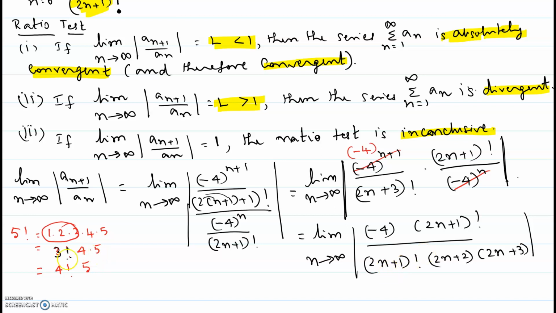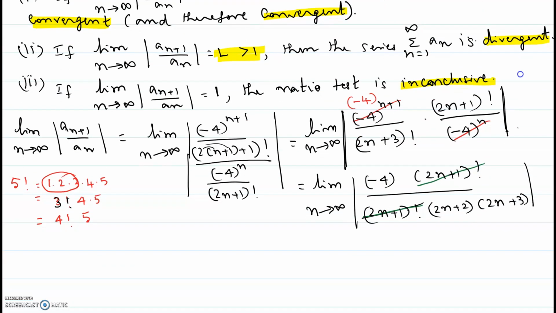That way you can cancel the (2n plus 1) factorial with the (2n plus 1) factorial on top. So we get the limit as n approaches infinity of the absolute value of negative 4 over (2n plus 2) times (2n plus 3).